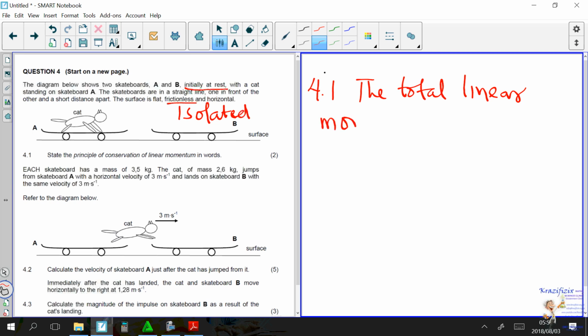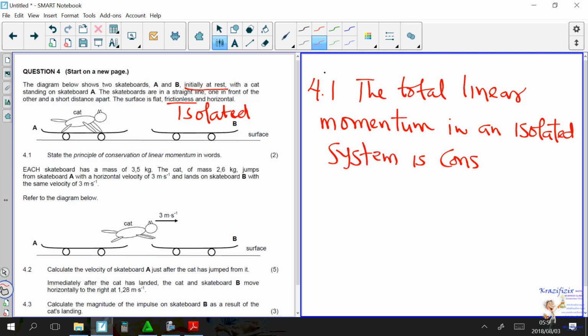The total linear momentum in an isolated system is conserved. As simple as this, you get your 2 marks there. The total linear momentum of an isolated system is conserved.